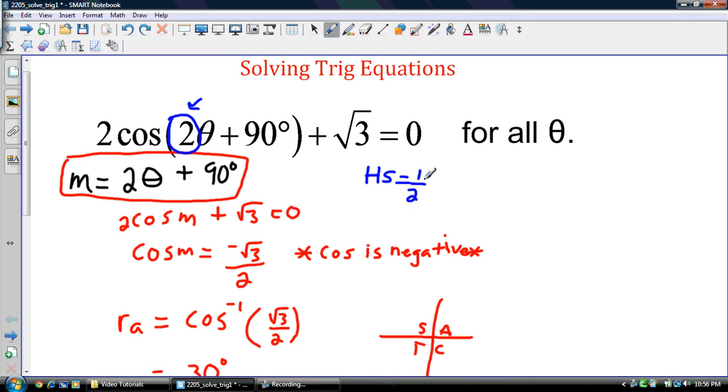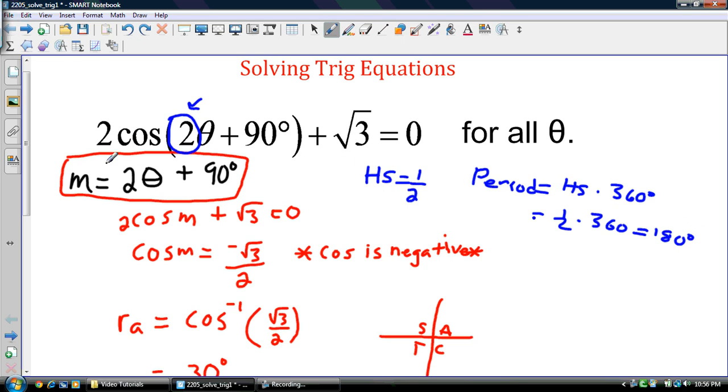So we take the reciprocal of what's in front there. So my period is my HS times 360. So my period here is 1/2 times 360, which is equal to 180.